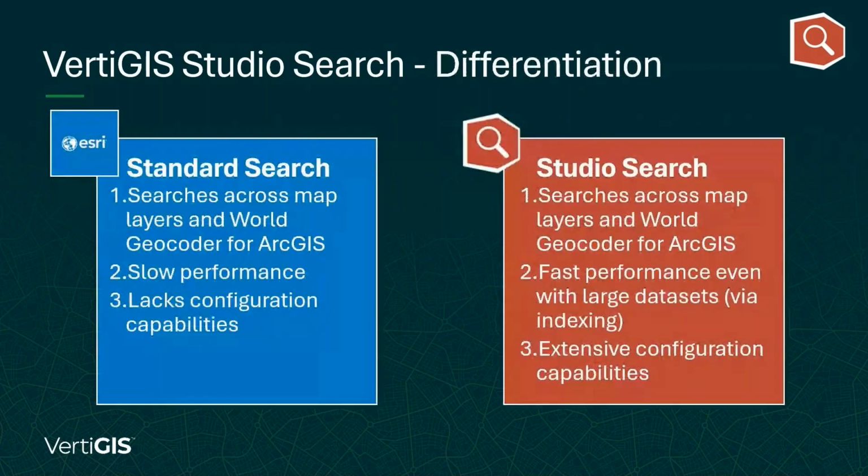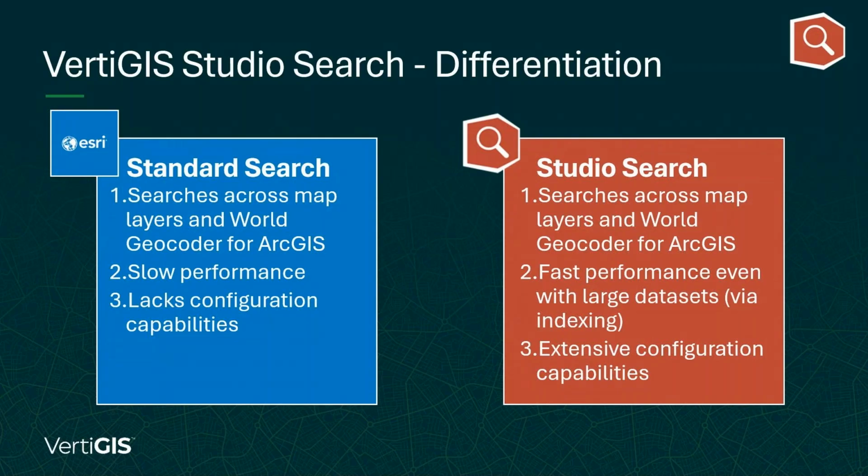Now, diving into differentiation a little bit, really the only other option you have besides Studio Search within the Studio environment is the default Esri standard search. And this is the type of searching that you get out of the box with VertiGIS Studio Web. So when you go to Studio Web and you open up a template, by default, it's configured with the standard search. And really all this means is that we're using Esri's searching capabilities to run the search bar in your application.